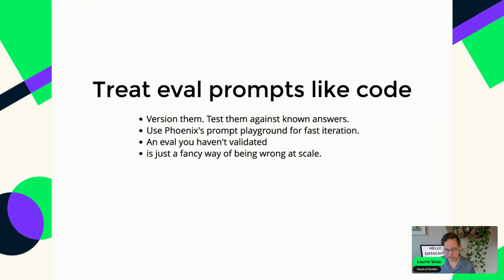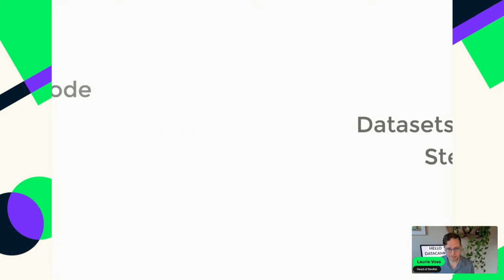And if the judge disagrees with your human labels on 40% of examples, for instance, then you know that your LLM as a judge isn't working. It's getting it wrong. Phoenix has a prompt playground where you can iterate on rubrics without touching code. And that is a very useful way to evaluate your evaluator very quickly and get to an LLM judge that works really well.